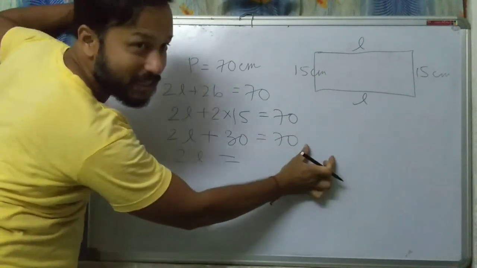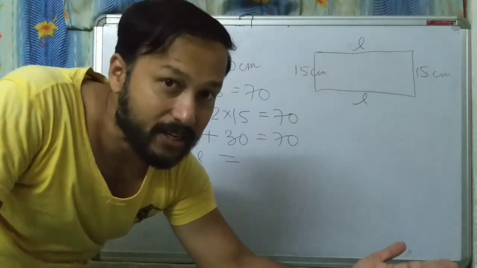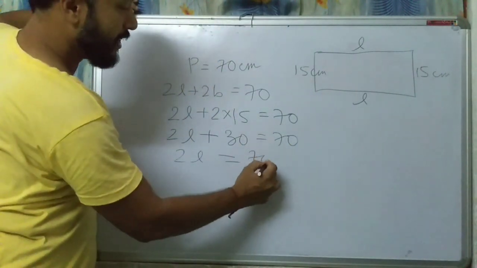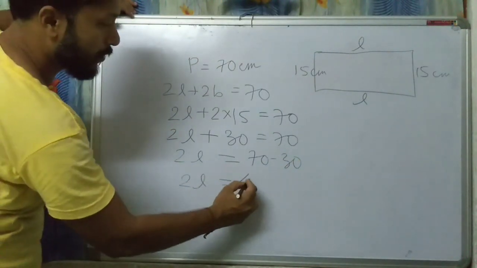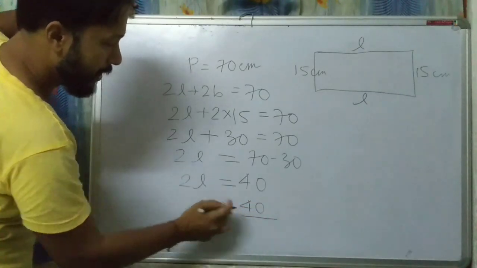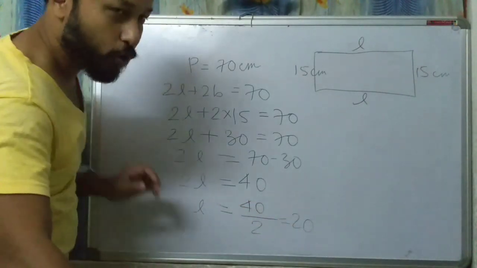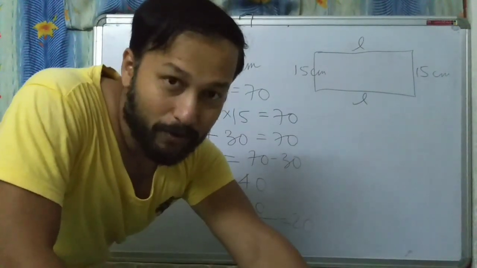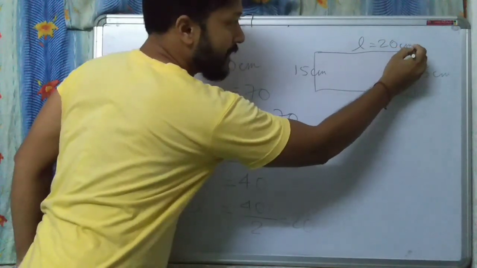Plus 30 is going to that side, so it will be minus 30. So 70 minus 30, 40, by 2, that is 20. So length is 20 centimeter. We got the length. Length is 20 centimeter.